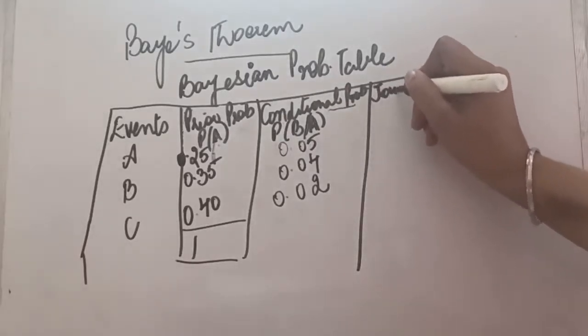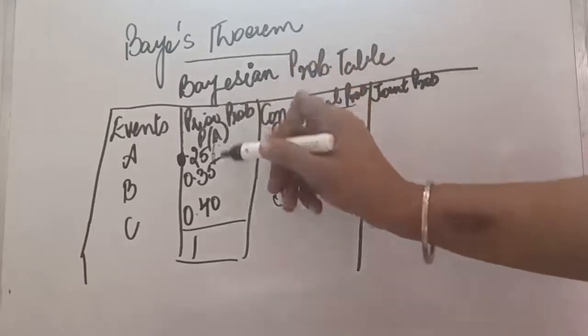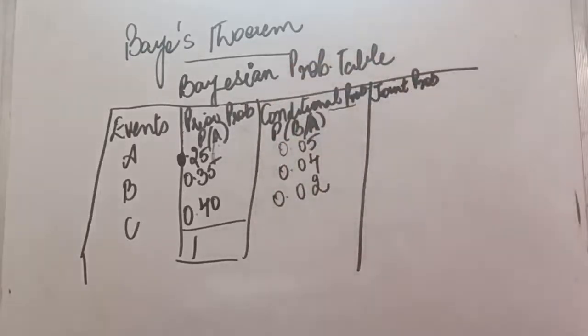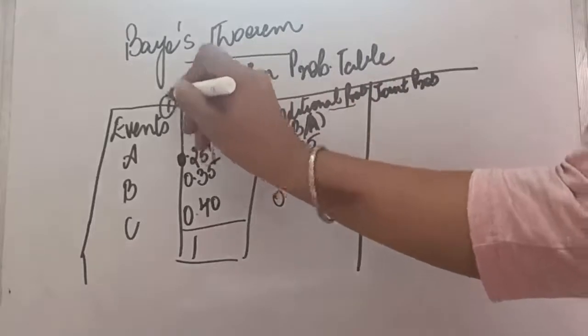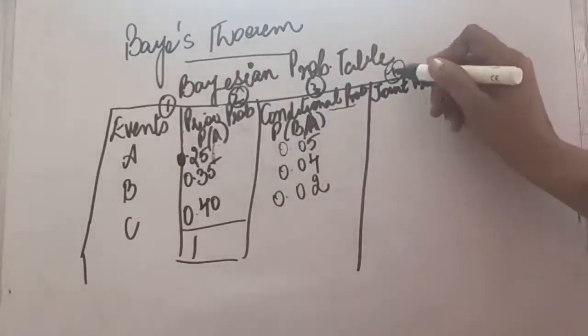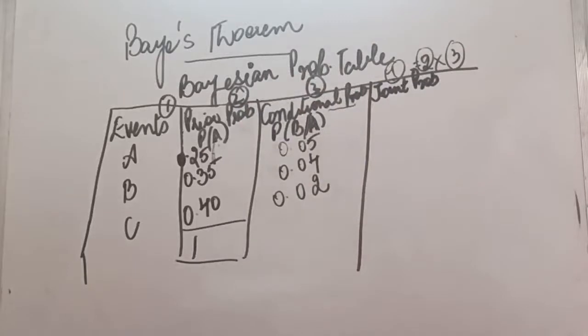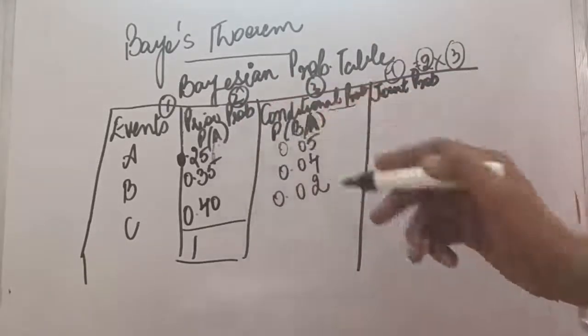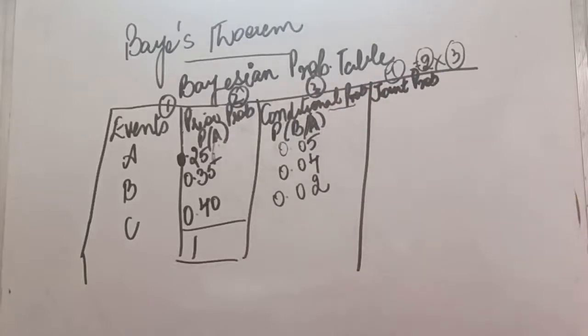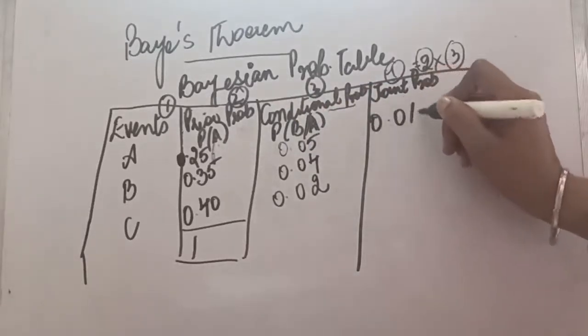Next column comes joint probability. Now joint probability, the formula is prior probability multiplied by conditional probability. So if we give these columns numbers like 1, 2, 3, this is the fourth column, and the fourth column is second column into third column. Multiplying prior and conditional probabilities, we will get joint probability. So 0.25 into 0.05 comes out to be 0.0125.